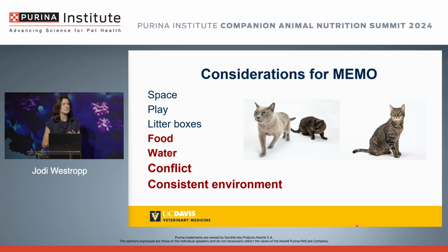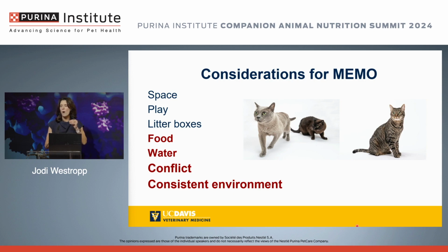Some considerations for MEMO. I'm not a behaviorist, and there are lots of experts in this room and online who can talk much better about a lot of this, but I think we need to look at things like space. Do cats have individual spaces in their own territory in their households? Play activity. I think we're all pretty good at making litter box recommendations, making sure there's an adequate number, looking at different textures of the litter.